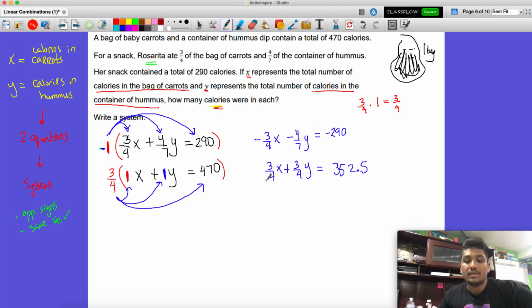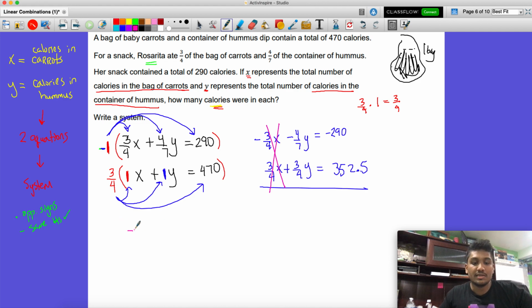Cool. All right, now just add straight down. Notice I know that it's a fraction, but it's the same method. So -3/4 plus 3/4, it's gone. -4/7 plus 3/4, that one might be hard. Now you might have a calculator on Ingenuity, but let's just see.